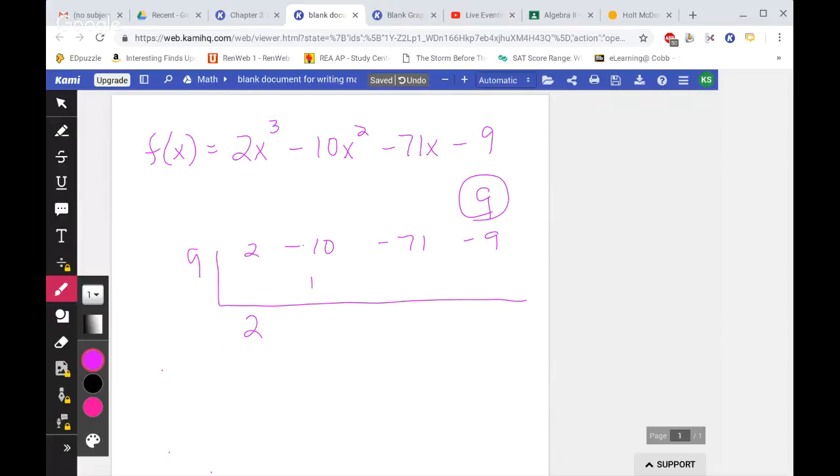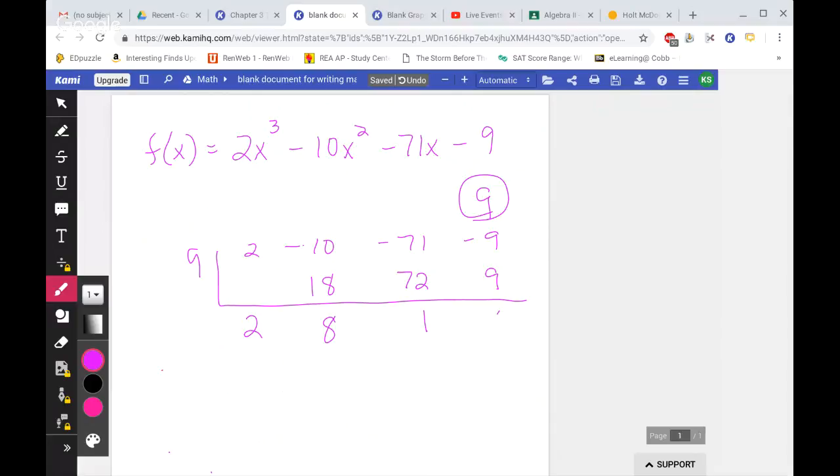2 times 9 is 18. And negative 10 plus 18 is a positive 8. 8 times 9 is 72. Negative 71 plus 72 is a positive 1. And 1 times 9 is a positive 9.